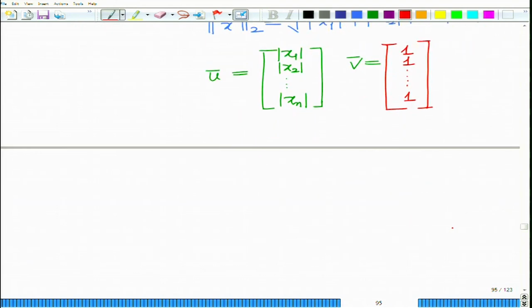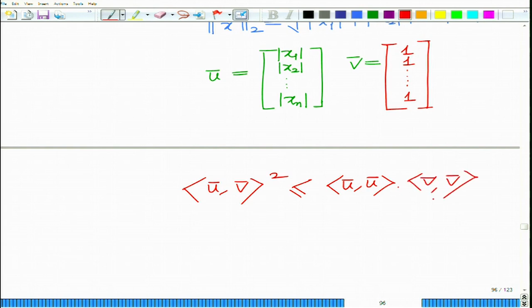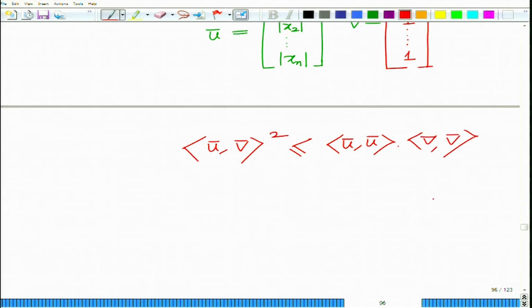Now, I am going to apply the Cauchy-Schwarz inequality, which states that the inner product squared of u bar and v bar is less than or equal to norm u bar square into norm v bar square.